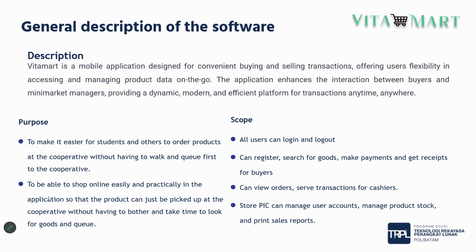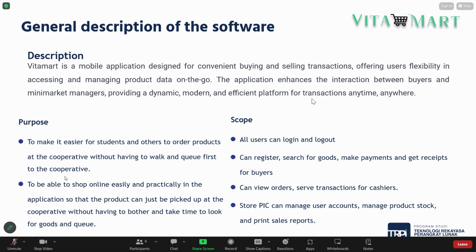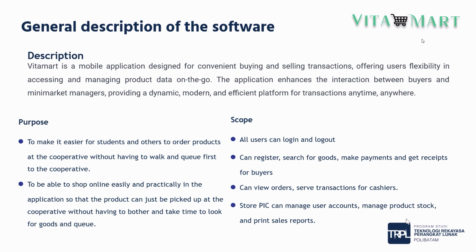Okay, thank you. I will explain about the general description of the application. Vitamart is a mobile application designed for convenient buying and selling transactions, offering users flexibility in accessing and managing product data on the go. The purpose of the application is to make it easier for students and others to order products at the cooperative without having to walk and queue at the cooperative first.